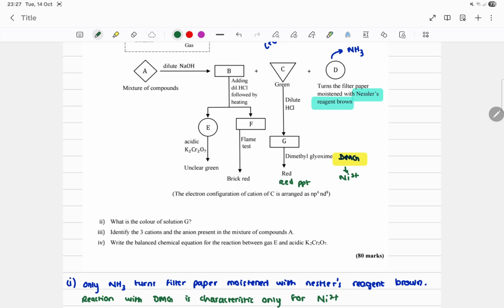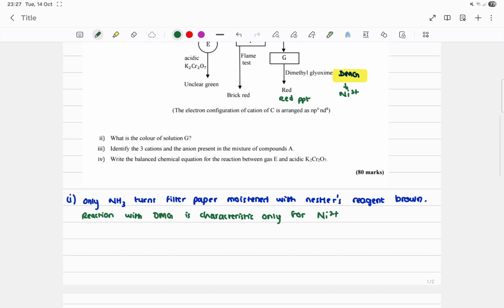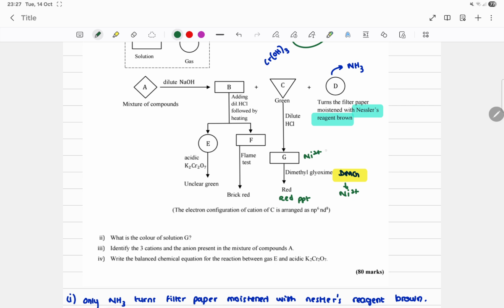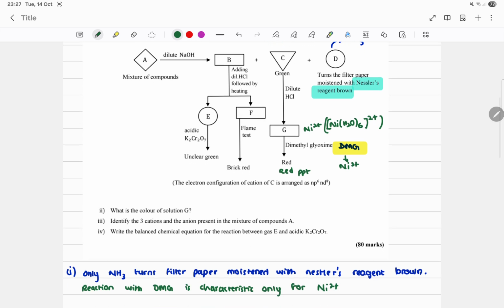Then G will be Ni2+, or you can also write [Ni(H2O)6]2+. This is also accepted.